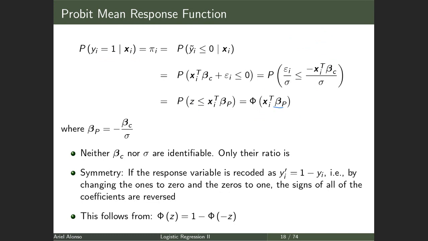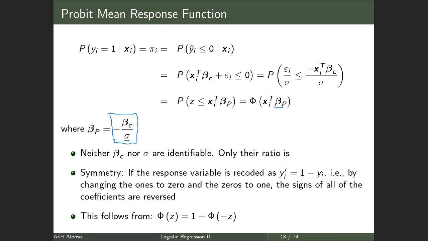It is just the ratio of two parameters: beta_c, the coefficients in the latent model, and sigma, the variance at the latent level. Beta_c is not observable because you don't have the latent model, you don't have the y_i tilde.